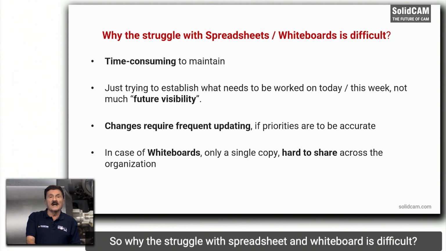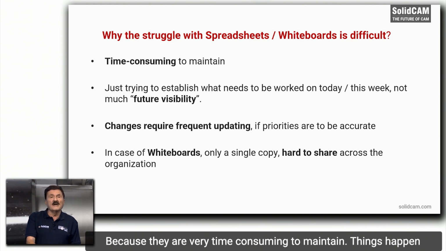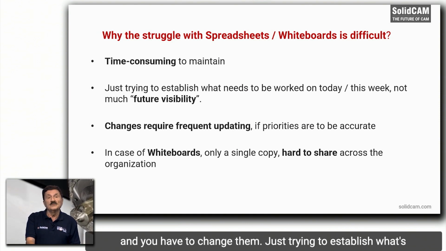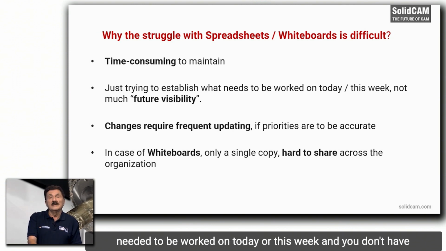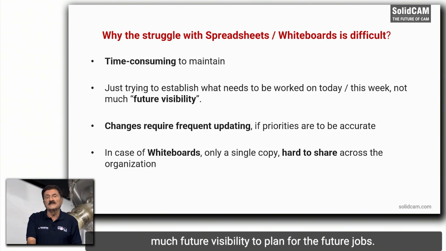So why is the struggle with spreadsheets and whiteboards so difficult? Because they are very time-consuming to maintain. Things happen and you have to change them. Just trying to establish what needs to be worked on today or this week, you don't have much future visibility to plan for future jobs.